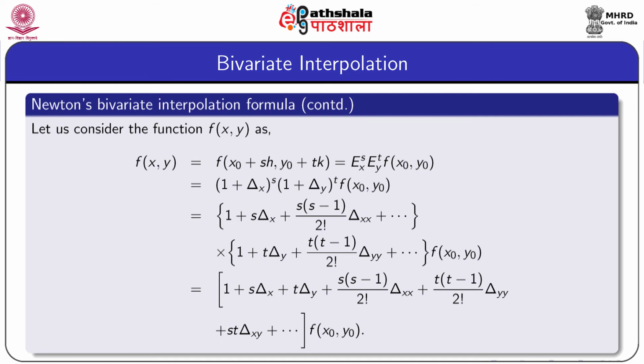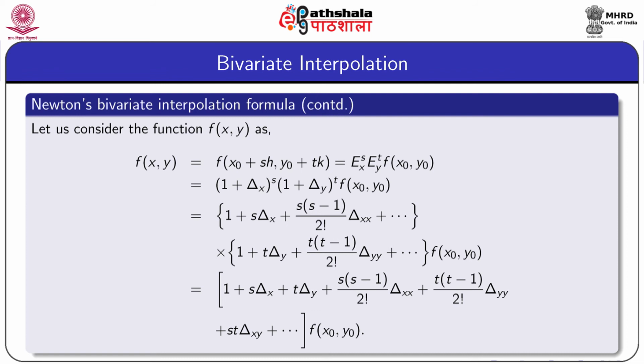By expanding the terms, 1 plus delta x power s gives 1 plus s into delta x plus s into s minus 1 by factorial 2 into delta xx plus and so on. Similarly, 1 plus delta y power t is equivalent to 1 plus t into delta y plus t into t minus 1 by factorial 2 into delta yy plus and so on.